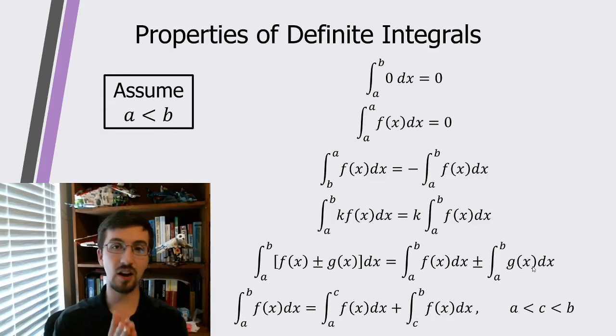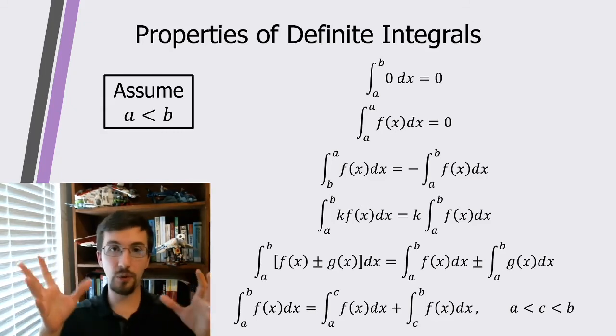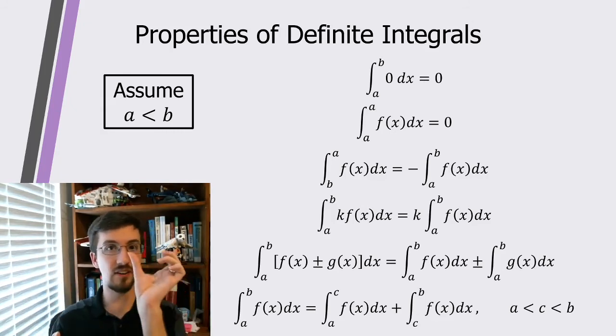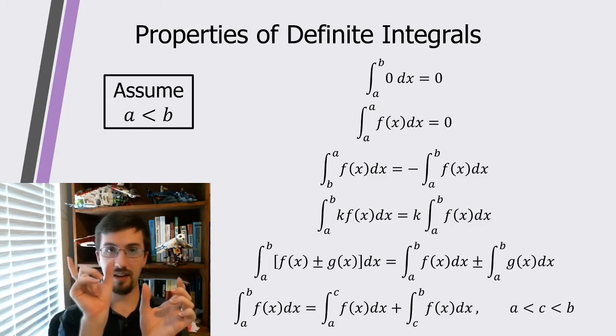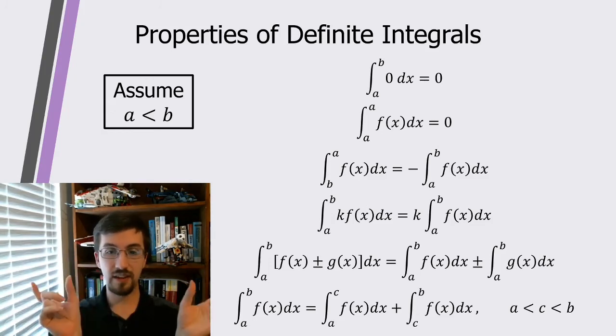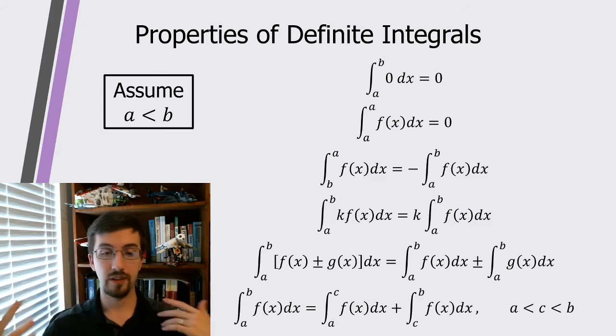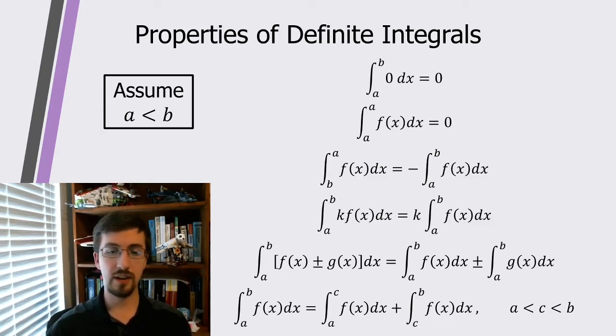So it's kind of like saying, if I want to find the total area, I can find the area of the first half and then find the area of the second half and add them together. Why would you do this? There's all sorts of reasons. You could do it if your function is piecewise, all sorts of other things. But this is something that you're allowed to do, and it's a super important one to remember.